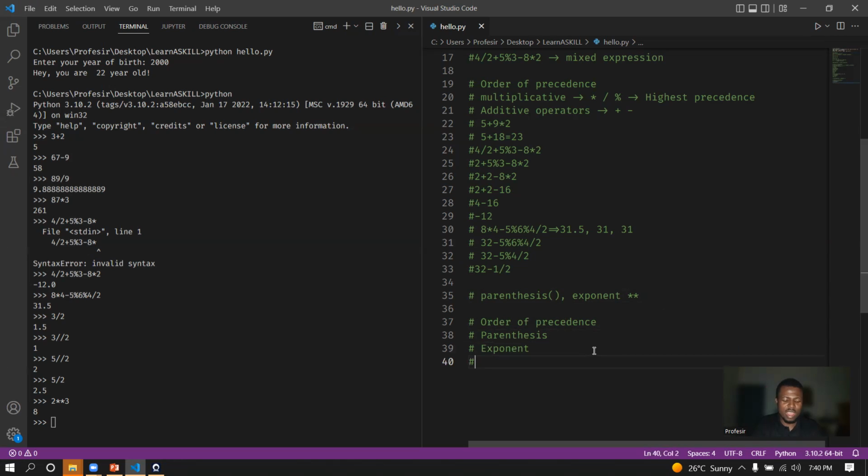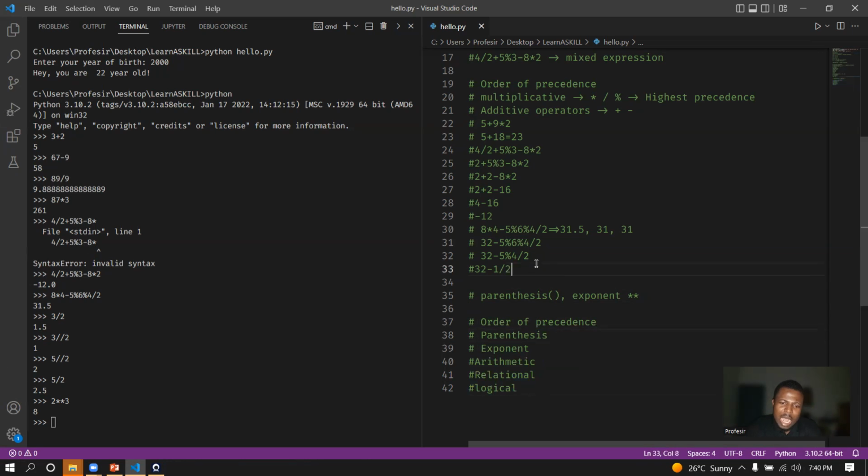Then the arithmetic operators. Then we have the relational operators, which we will be looking at. Then we will have, lastly, the logical operators. So this is the full order of precedence.